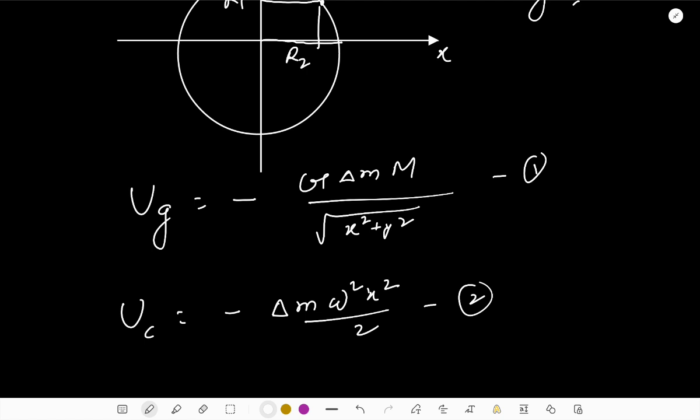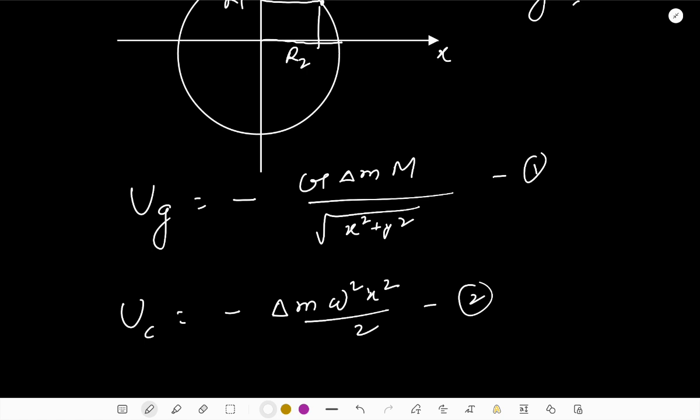And now I need to focus on some other things. Since all points lying on the surface of the planet are stationary in our frame, that is the rotating frame fixed with this rotating planet, they will have the same energy.